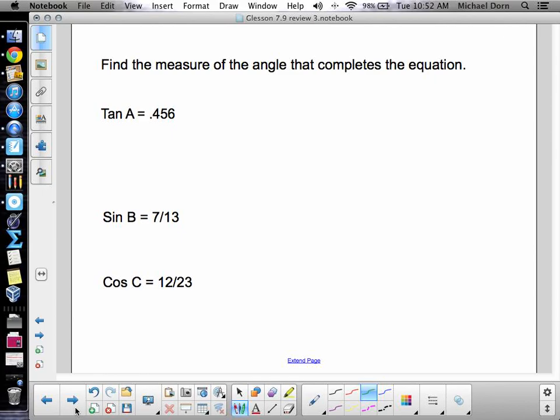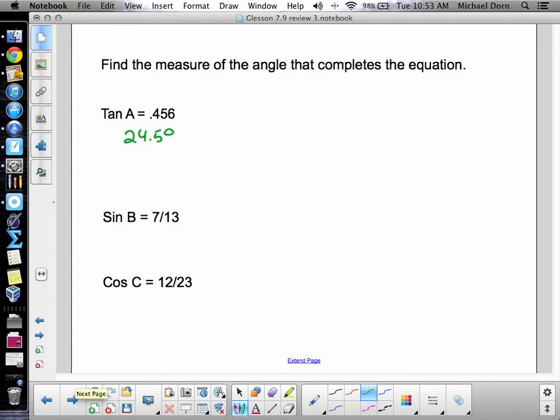Find the measure of the angle that completes the equation. This is all just lookups. Or using your calculator. Tangent of A equals 0.456. I'm going to get about 24.5 degrees. How about sine of B is 7/13?